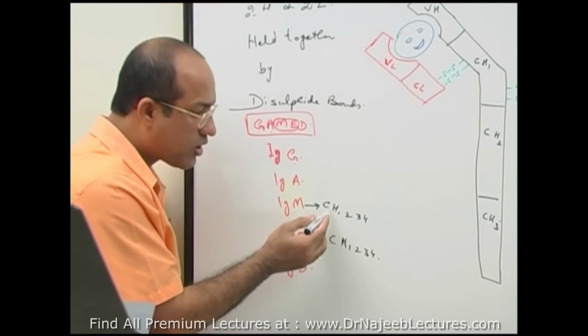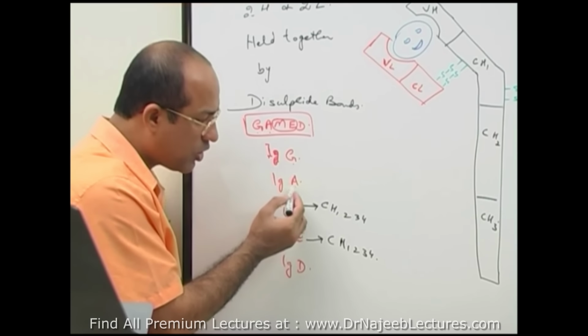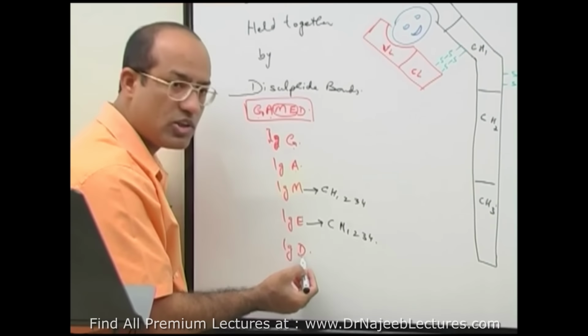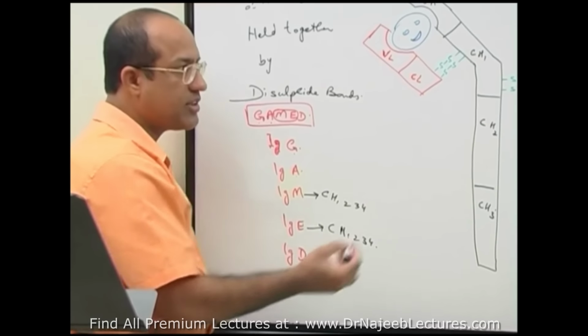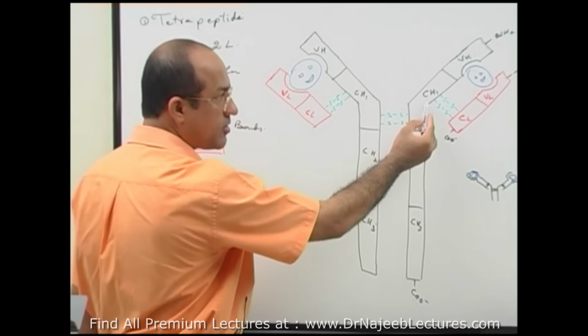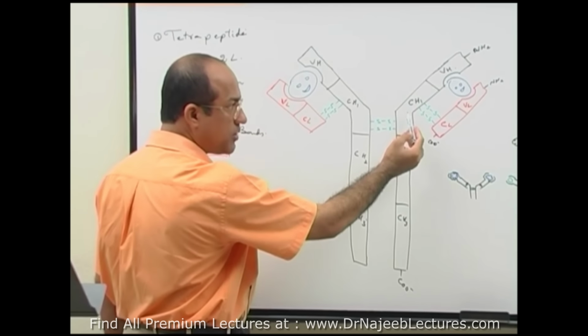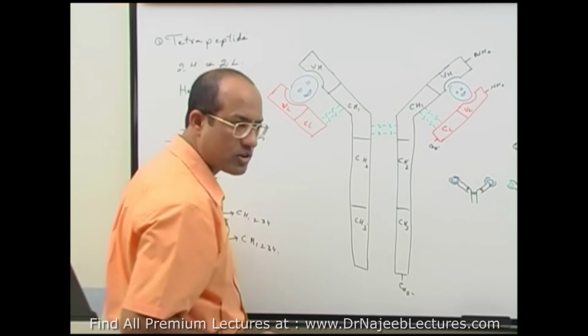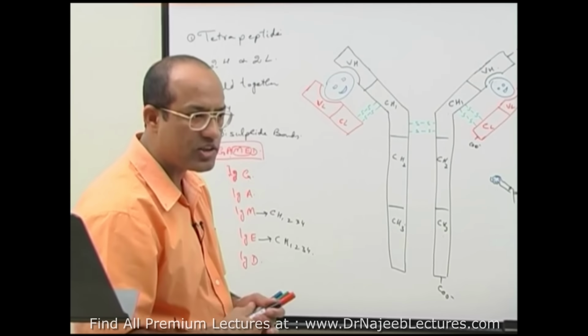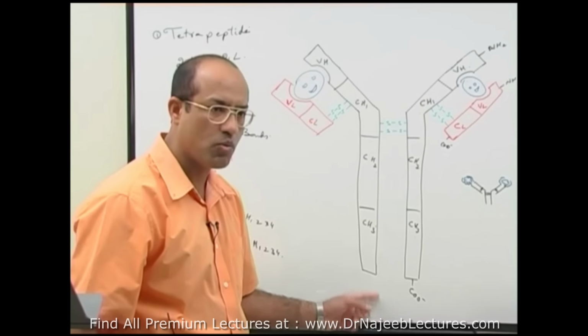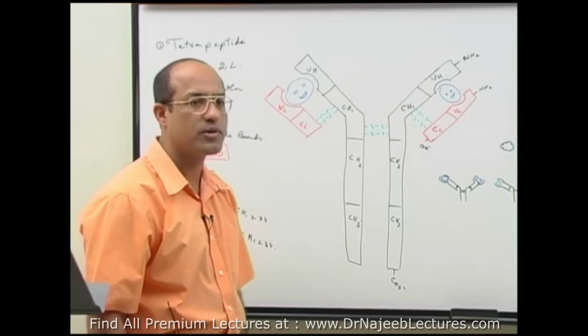But immunoglobulin A, G and D have heavy chains with only how many constant domains? Constant domain number 1, 2 and 3. But IgM and IgE have how many? One additional, that is 4.